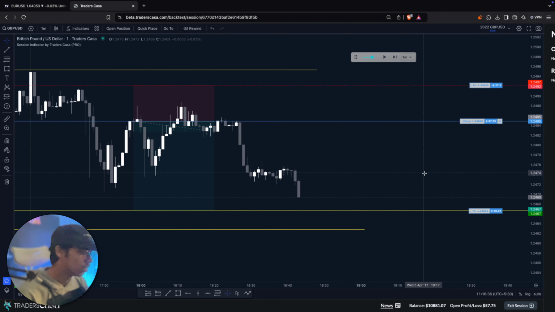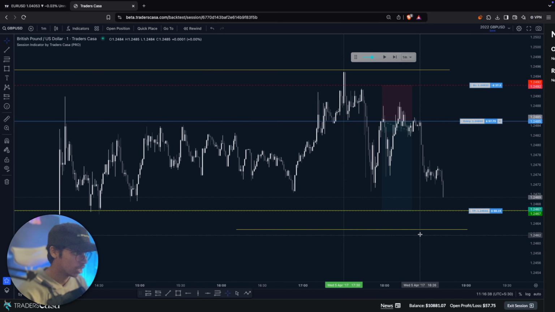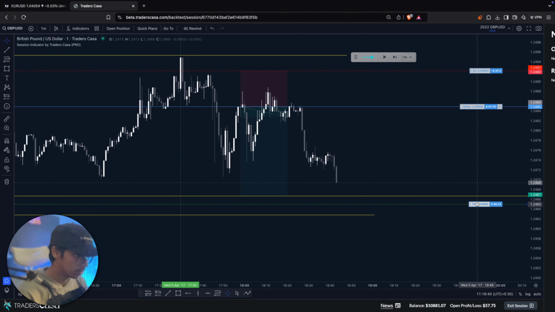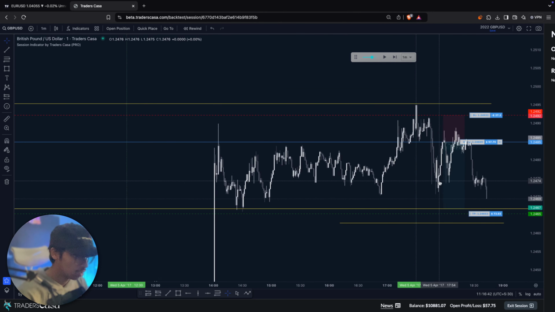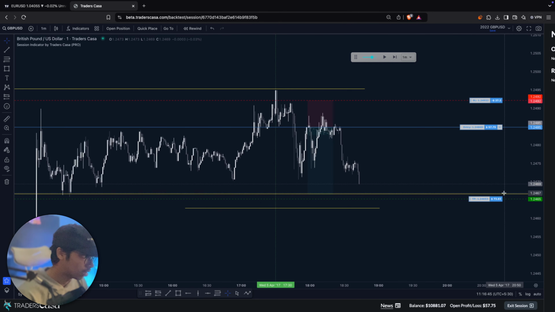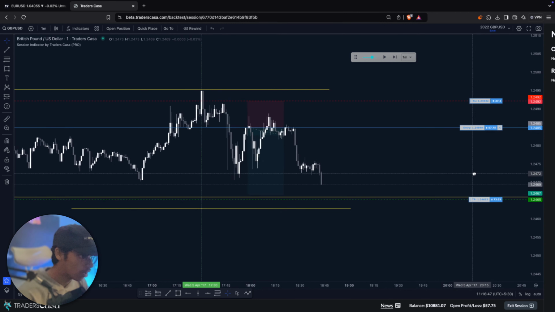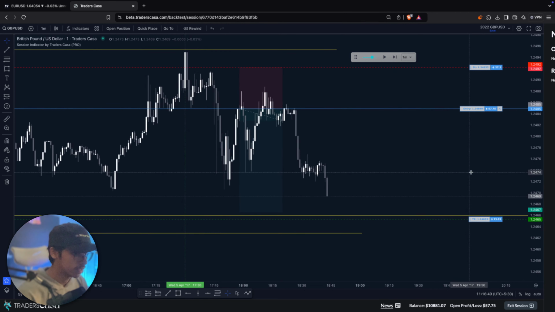Price could come back to this equilibrium level as well. I'll cancel the trade at any time.